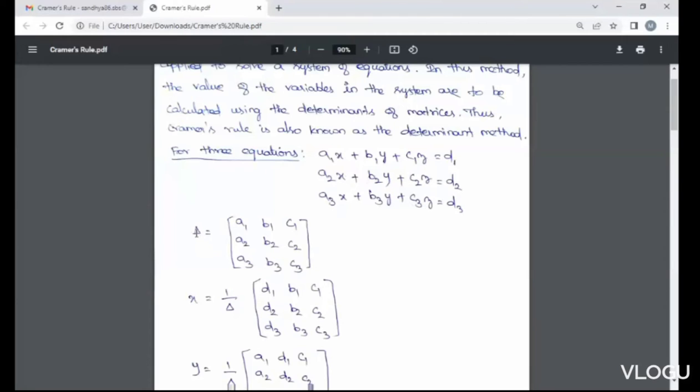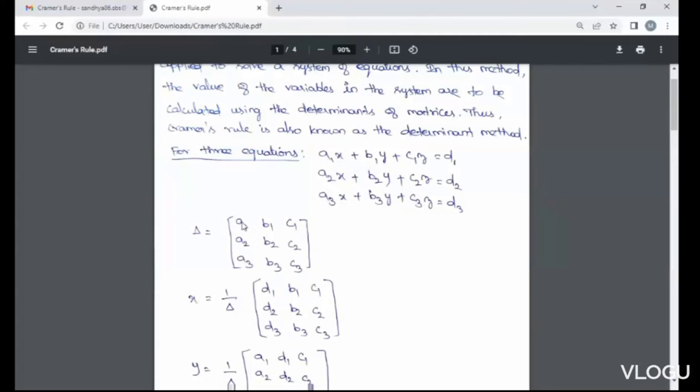So in that delta, the first column of the determinant is replaced by the x coefficients of the given equations. Here the x coefficients are a1, a2, a3.